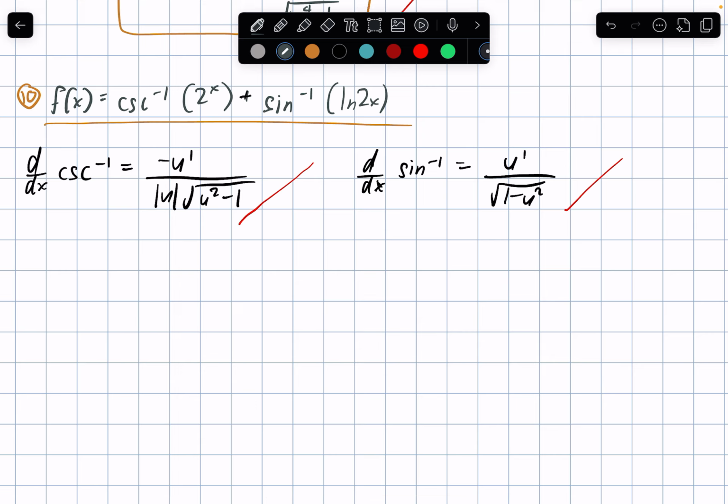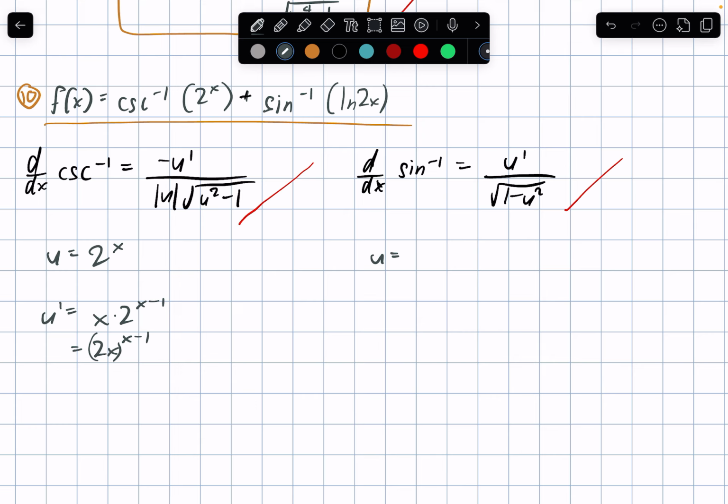Okay, what's next? To identify the u in cosecant, that's going to be 2 raised to x. How about u prime? 2x times 2 raised to x minus 1. So 2x raised to x minus 1. How about for the arcsine?